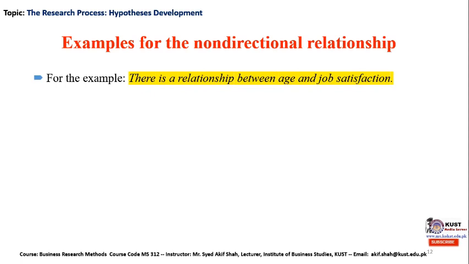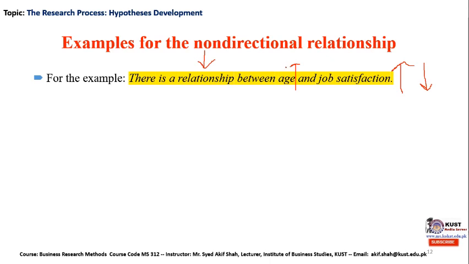Let us discuss some more examples. Like there is a relationship between age and job satisfaction. Now this is the example of a non-directional hypothesis, a non-directional relationship. Since we cannot infer on the basis of this statement whether an increase in the age of the employee will lead towards an increase in the job satisfaction, or it will reduce the job satisfaction of the employee.